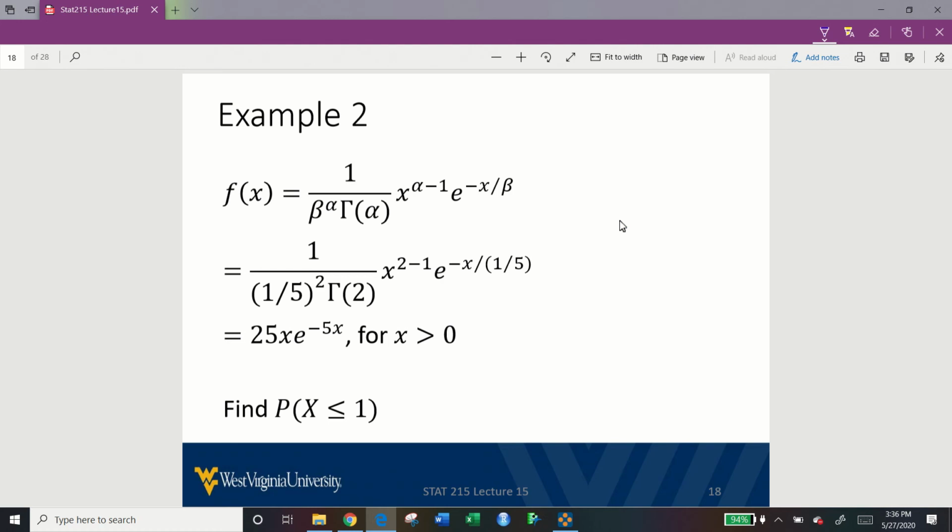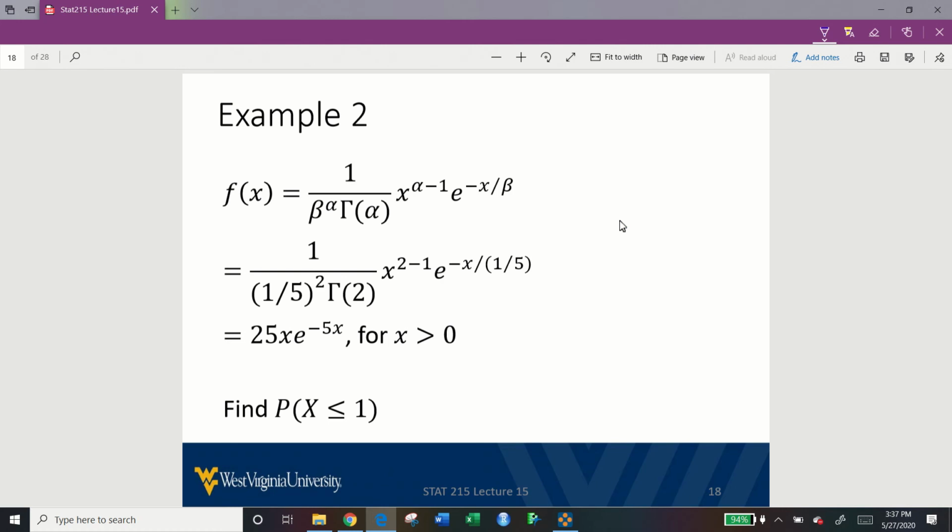Now by plugging in the information from our problem, this would become 1 all over (1/5) squared multiplied by gamma of 2, multiplied by x to the 2 minus 1 multiplied by e to the negative x over 1/5. If we simplify, this would become 25x e to the negative 5x for x greater than 0.